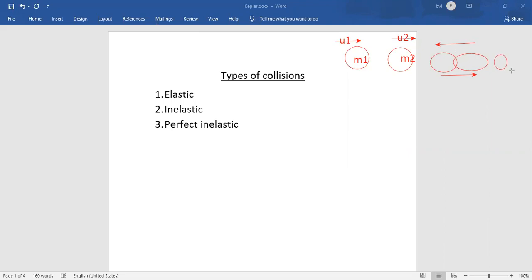This is the first mass and this is the second mass, each with its own direction. So u1 and u2 are the initial velocities, v1 is the final velocity of the first object, and v2 is the final velocity of the second object.